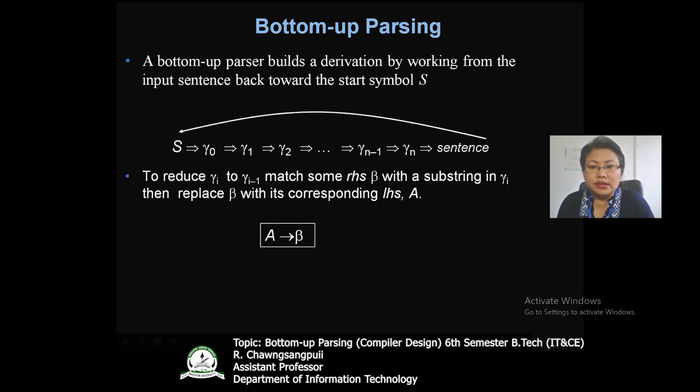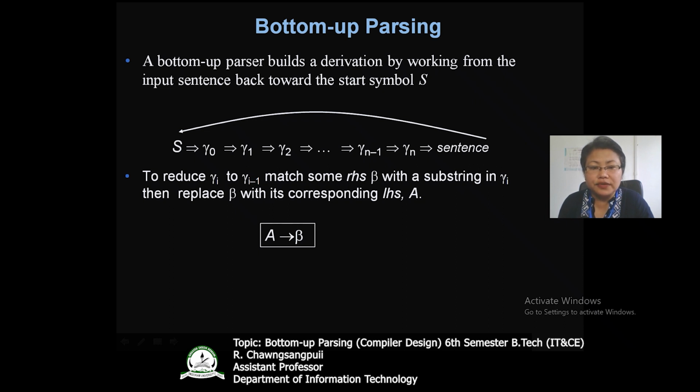Today, since this is a class on bottom-up parsing, we will deal with the techniques used under bottom-up parsing. A bottom-up parser builds a derivation by working from the input sentence back towards the start symbol.